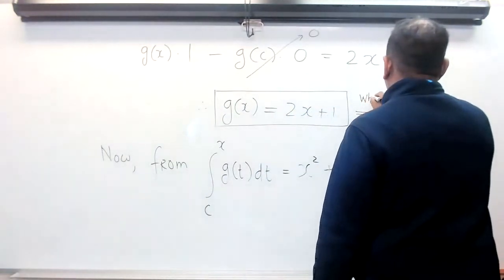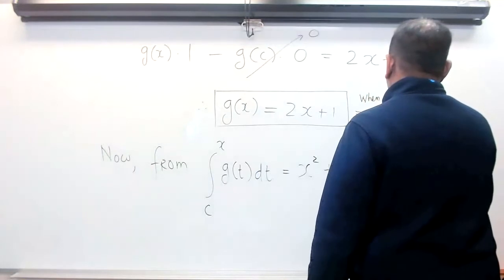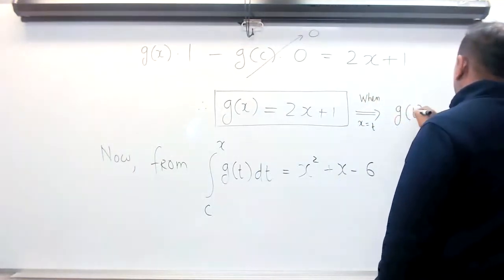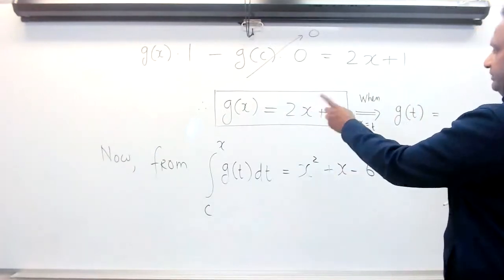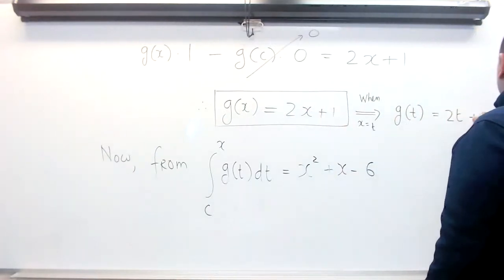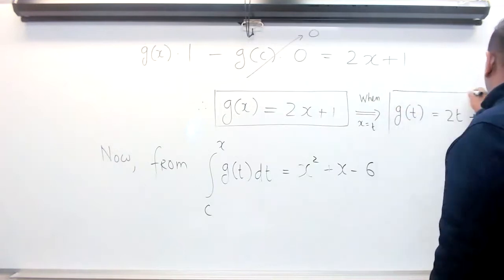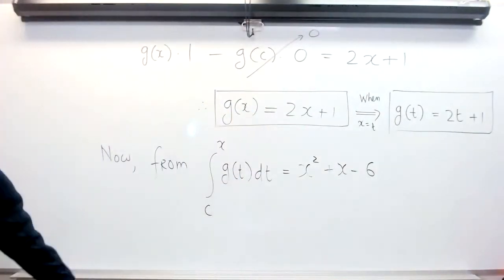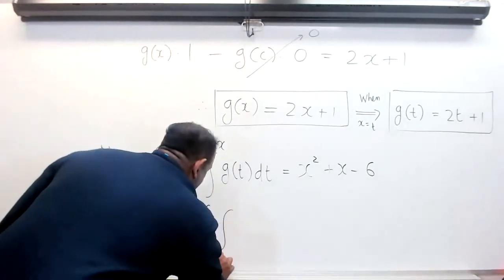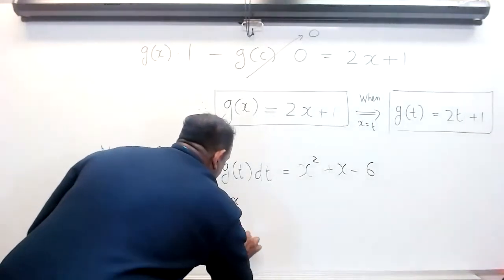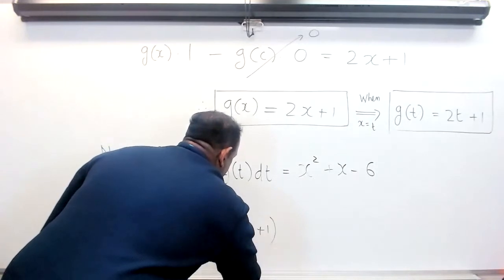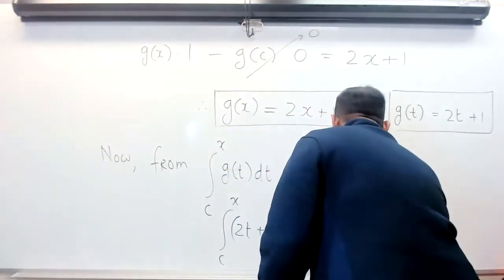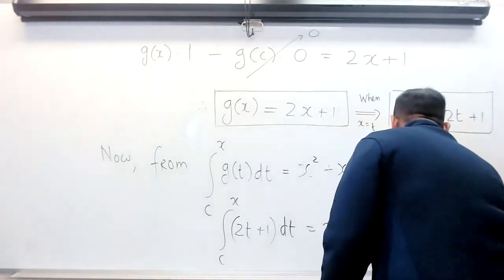When x equals t, you need g(t). g(t) is nothing but replacing x with t: 2t plus 1. I'm going to put this one here: the integral from c to x of 2t plus 1 dt equals x squared plus x minus 6.